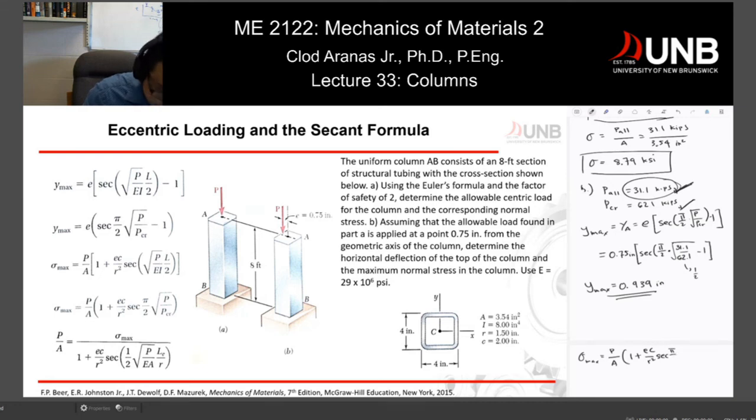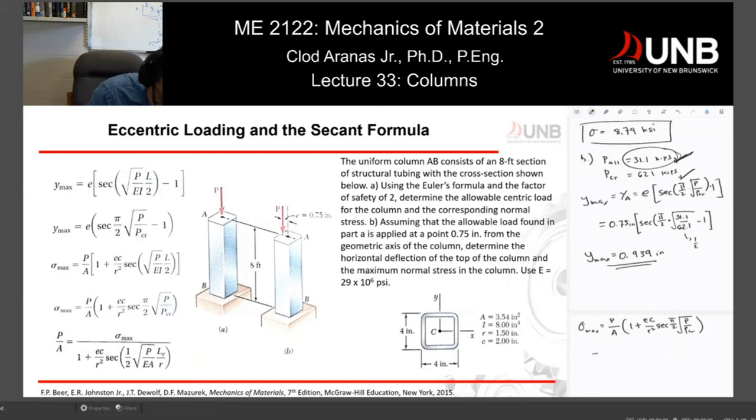So you get pi over 2, and this is square root of P over PCR. And then what you will get here is this is 31.1 kips. Your area is given 3.54 inch square, 1 plus, so your E is 0.75.